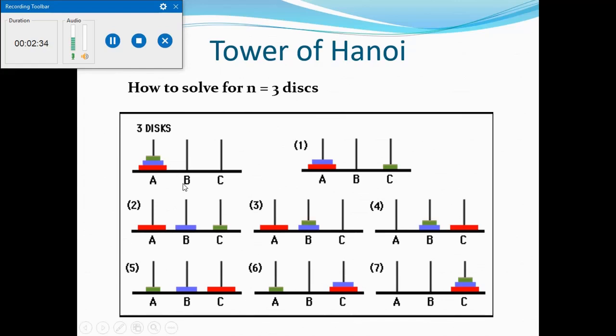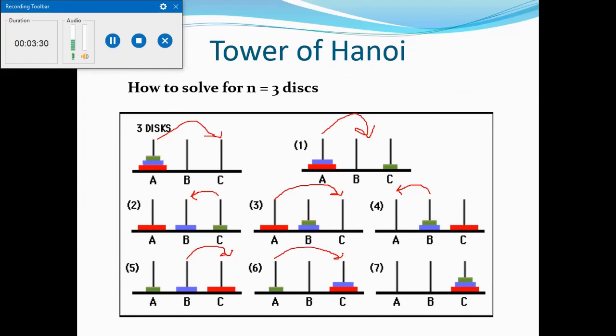Step 1: I will move the smallest disk to C. Then I will move the blue disk from A to B. Now move the green from C to B. Then move the red from A to C. Now move the green to A, then B to C, and then A to C.